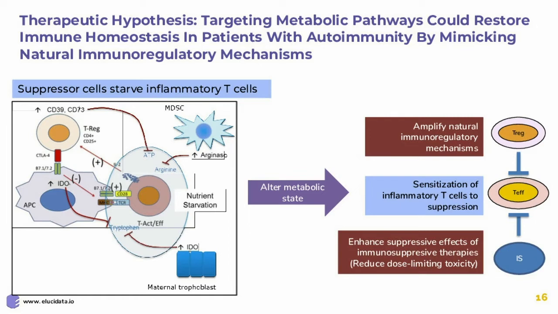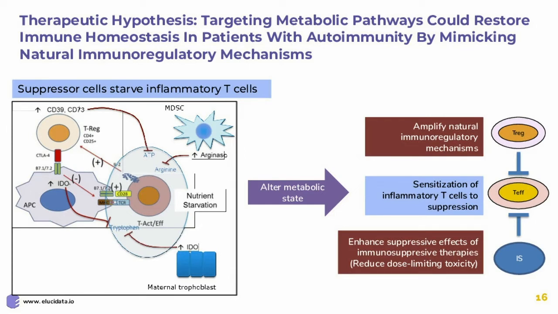And so the question was that if we could alter the metabolic state that was maintained in a highly anabolic state in inflammatory diseases back to that of a resting, quiescent, catabolic state, would we be actually able to either A, completely turn off the inflammatory T cell responses, or B, amplify the natural immunoregulatory mechanisms that are mediated by Tregs, or C, finally, use them as a combination therapy so that we could even further potentiate the effects of currently marketed immunosuppressive drugs.